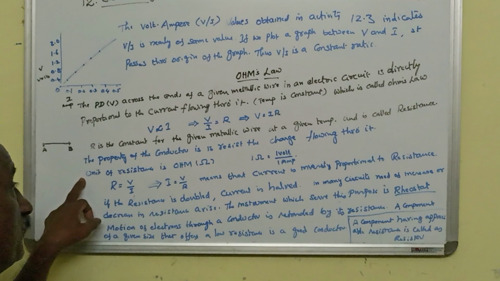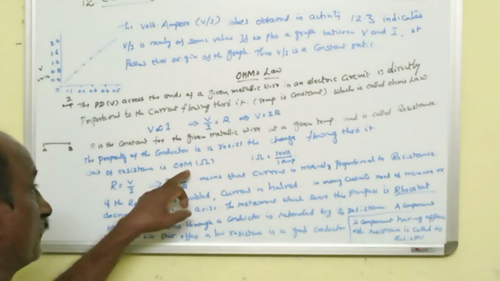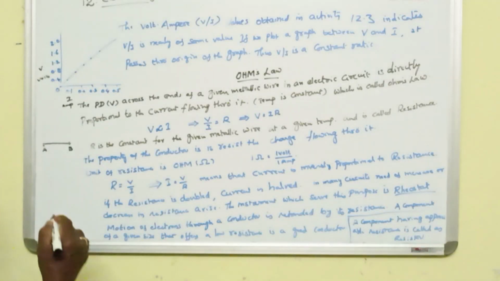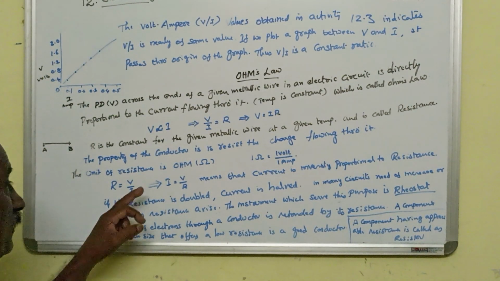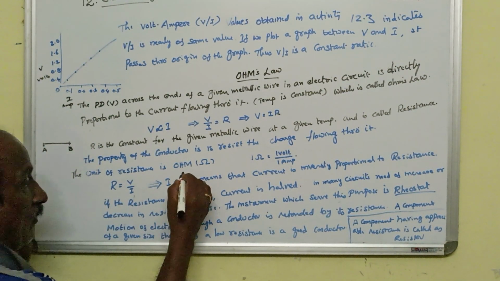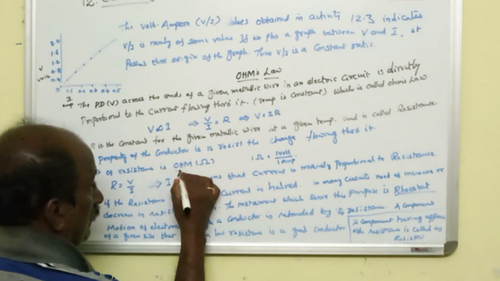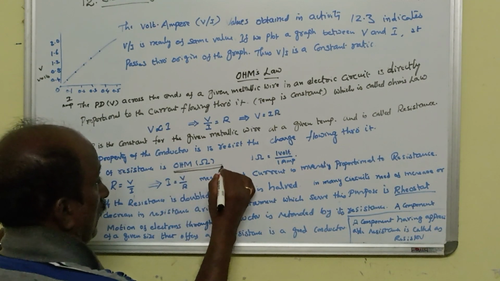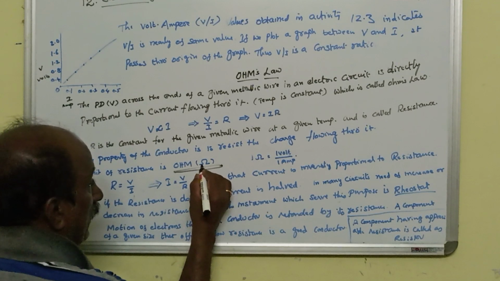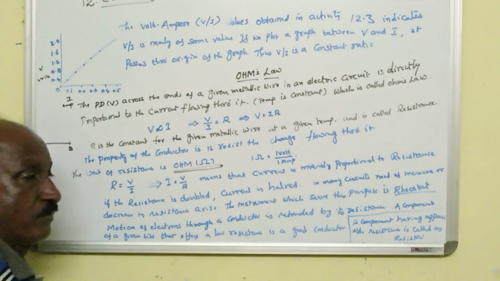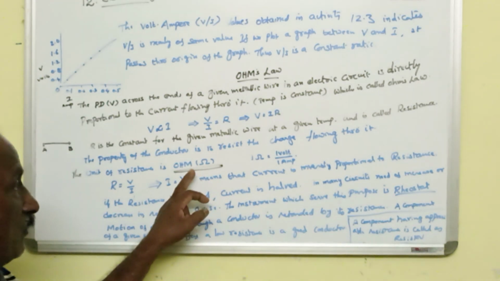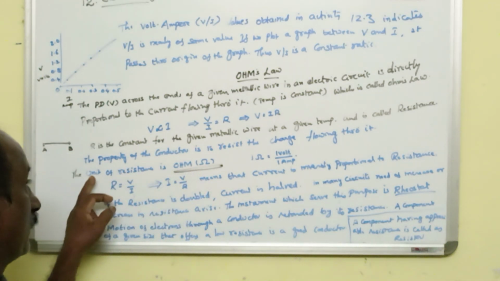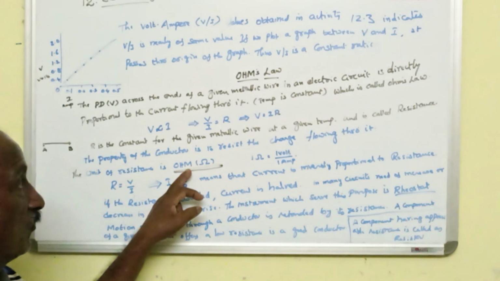The unit of resistance is ohm. What are the units of resistance? The unit of resistance is ohm. The ohm is represented by the Greek alphabet like this. Ohm, O-H-M, ohm.